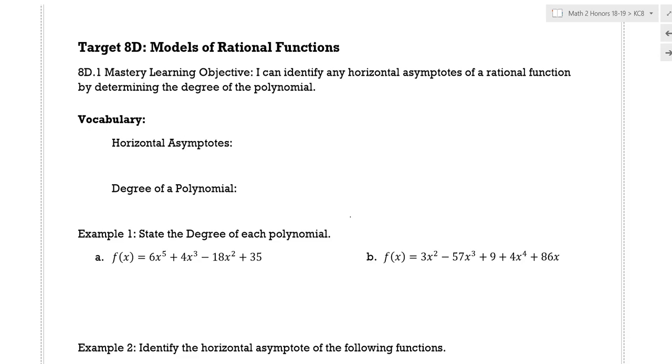Alright, we are now looking at 8D. And 8D has to do with identifying horizontal asymptotes and vertical asymptotes of a rational function when you don't have a graph. So we're solely going to be looking at the equation. Okay.